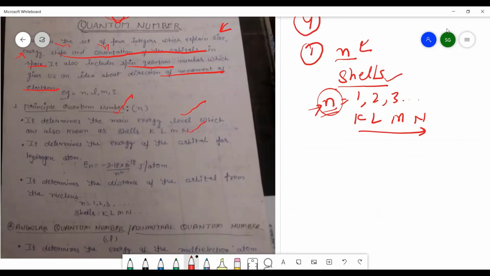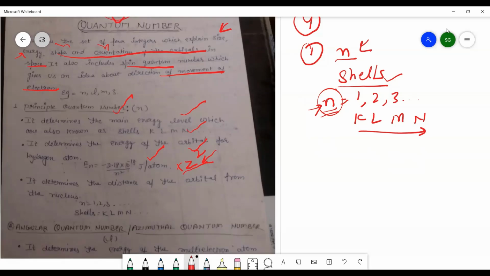It determines the energy of the orbital for the hydrogen atom and any other electron or orbital, with the formula that we have already done in Bohr's model of an atom: En is equal to minus 2.18 into 10 to the power minus 18 divided by n square, into Z square, where Z is the atomic number of the atom, for which we can identify the energy of the orbital in which the electron is present.